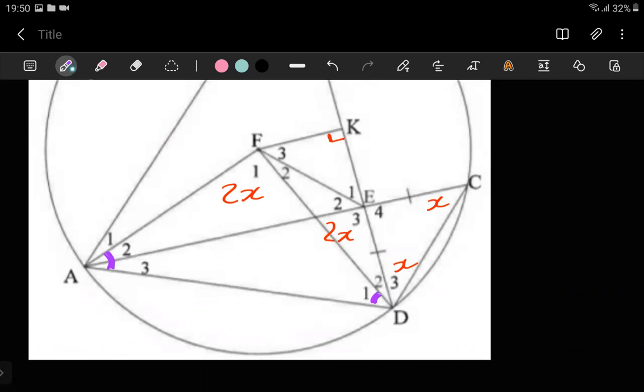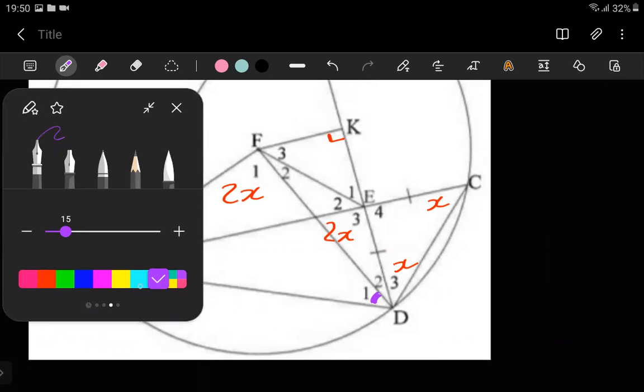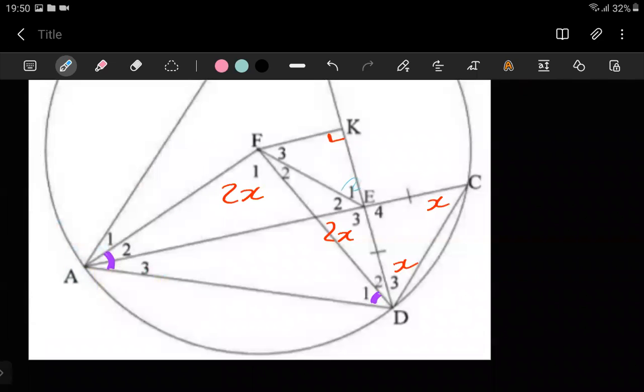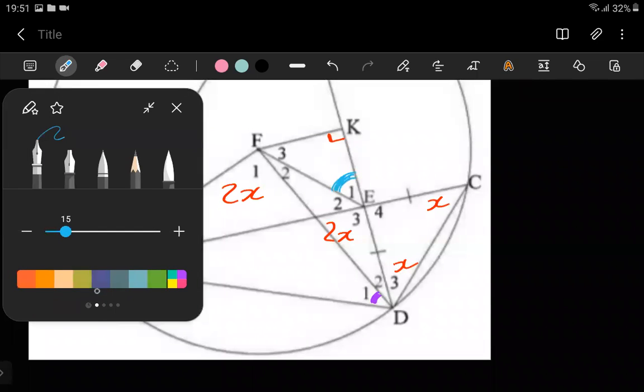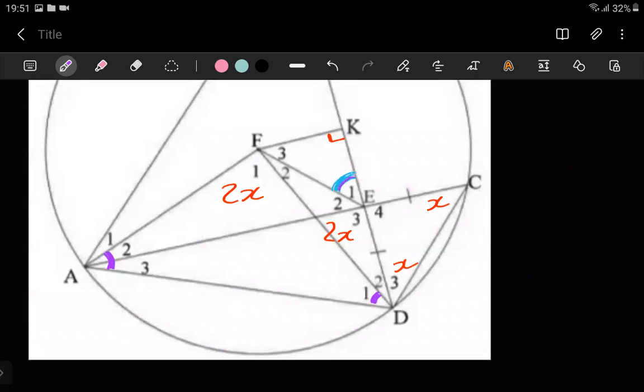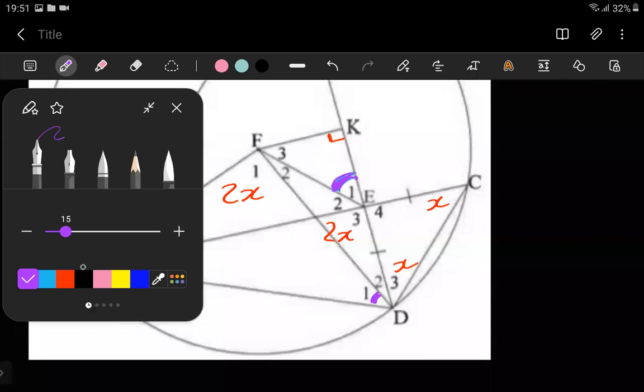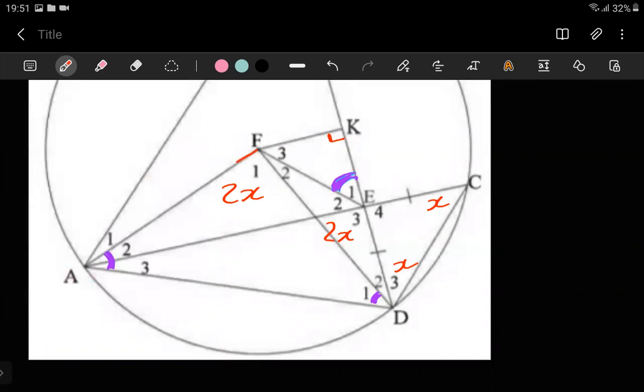After writing that down in the sketch, the one thing that came to mind was that we have an exterior angle out here that is equal to an opposite interior angle. We might as well put that in purple to show that they're equal. Remember, we have proven that this shape here is a cyclic quadrilateral. Let me put it in red like we did. This shape here, 1, 2, 3, 4 sides.